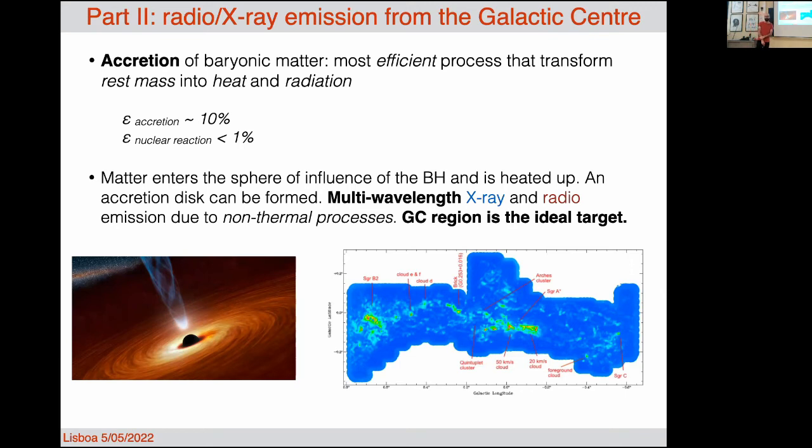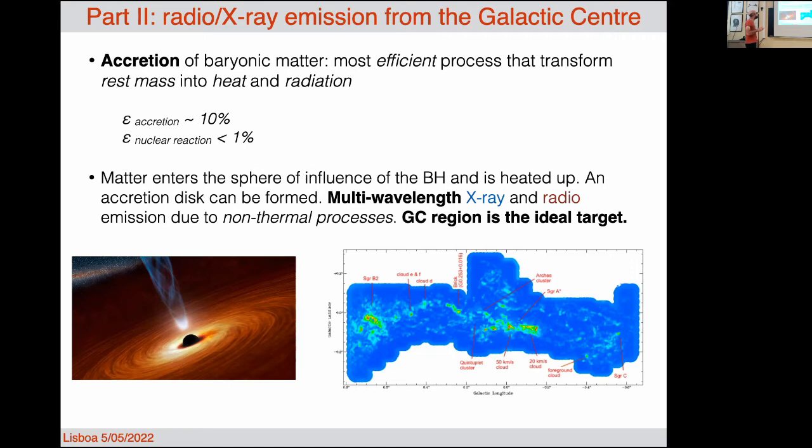So I can give a glimpse of another completely complementary channel to detect primordial black holes. This is electromagnetic, and it's not far away, it deals with our galaxy. The thing is that accretion is very powerful. We live in a galaxy with a lot of baryonic gas, and close to the galactic center you have a massive population of clouds of interstellar gas. We know that accretion is very powerful in converting gravitational energy into electromagnetic energy.